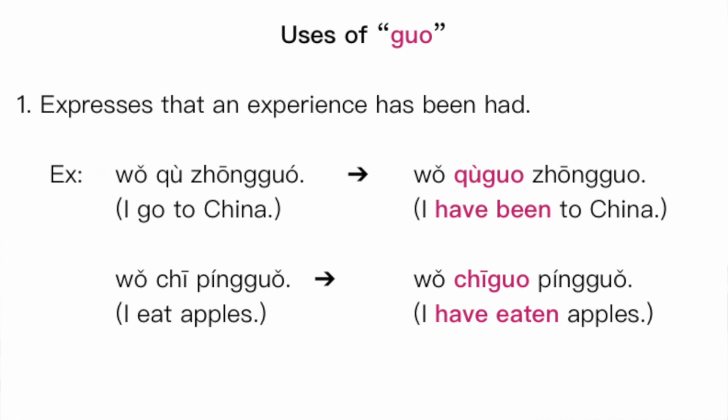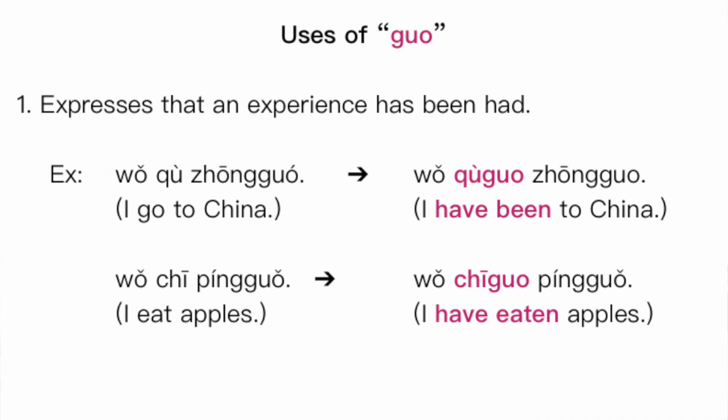If you wanted to say that you have been to a particular place before, you would use guo. The key here is if in English you're hearing that past participle, that I have done something, I have eaten, I have seen, this is where a guo would come in handy if you were to convey that meaning in Chinese.